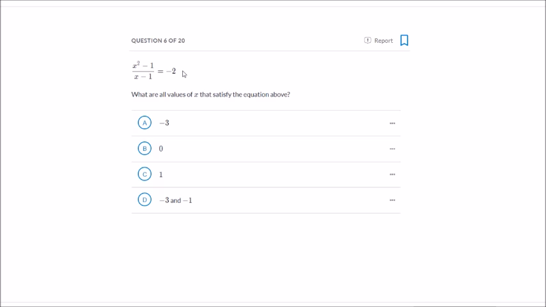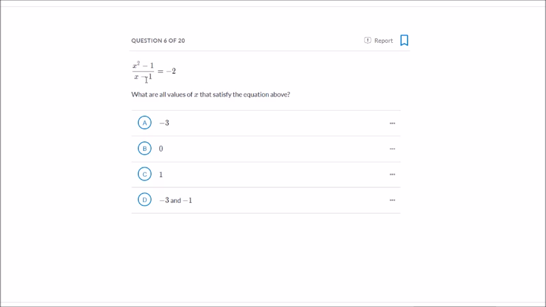Next, we have x squared minus 1 over x minus 1 equals minus 2. We can try the values, really just try all of them. It's not 0, because if you put 0 in there, it'll be 1 over 1. Is it minus 3? If you put minus 3 in there, you'll get 9 minus 1, which is 8, and minus 3 minus 1 is minus 4. So 8 over minus 4 is minus 2. So minus 3 works. How about minus 1?